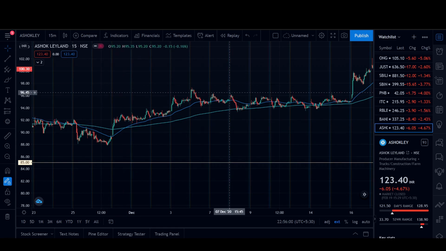Or if you would have held it longer, as we see here, the 50 EMA is acting as a support, it gave a breakdown, and then the 200-day EMA is acting as a support price here. Then it continued here, hovered around, and took a big bullish trend all the way up to 99. So if we would have bought it here, we could have held it till here.